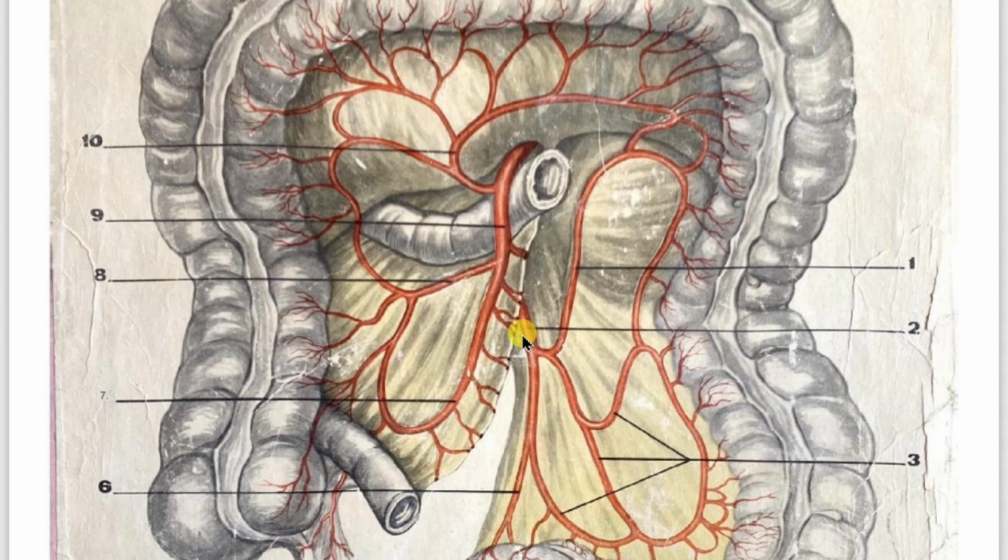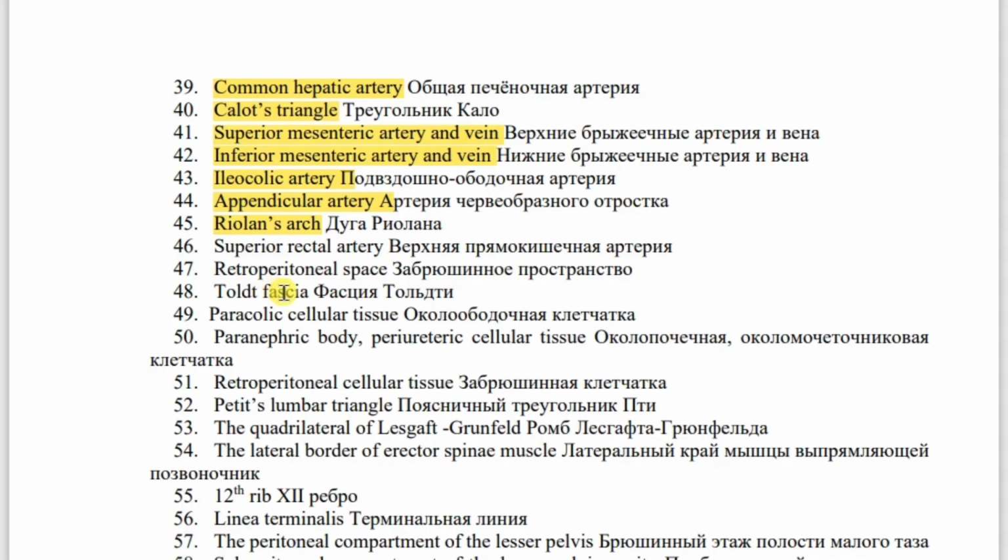So this arch has a preserving effect in this region. It reduces the risk of ischemia, or it provides collateral mesenteric circulation in 10% of individuals. So guys, this is a general look.